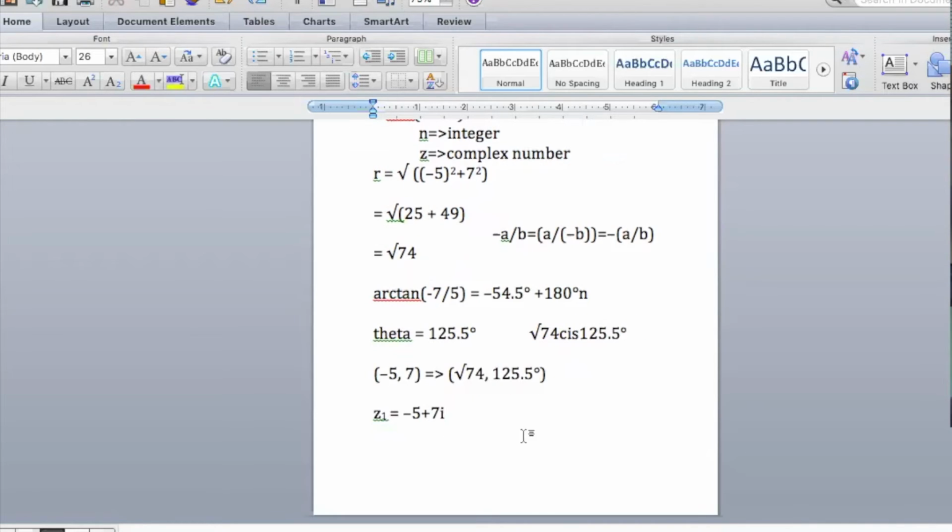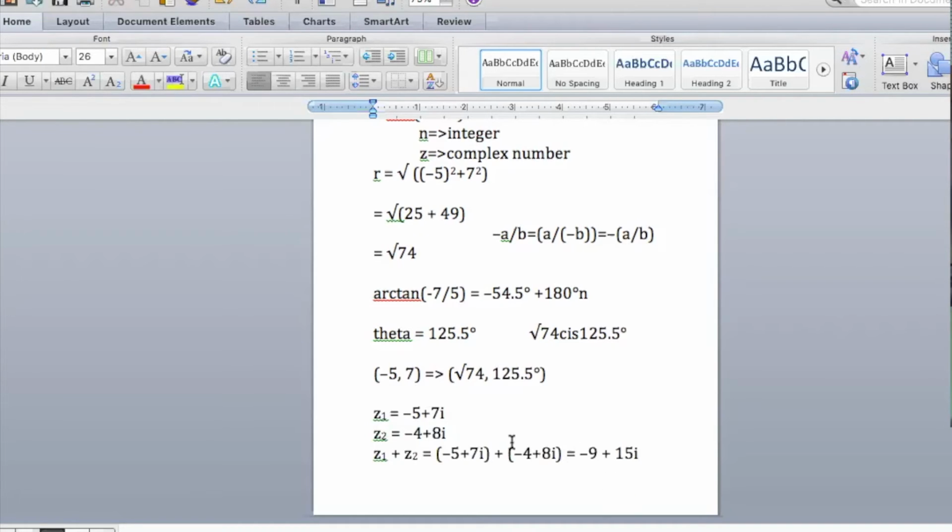So let's say we were going to do some arithmetic, and this is sort of why it's important to remember that z usually represents a complex number. Let's say I'm going to have two complex numbers. I'm going to call this one z1, and I call this one z2. Okay, so now I have two complex numbers in rectangular form, and I'm going to ask that we add them together.